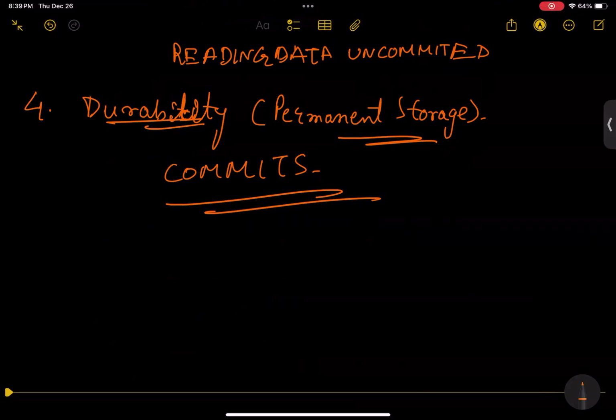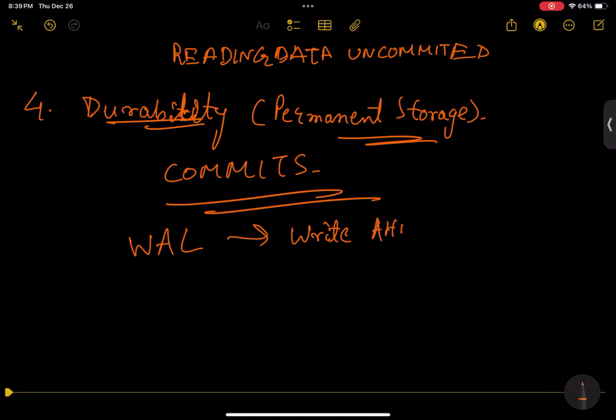Makes sense. I think there are few ways to implement durability. There is something called WAL. This is called write ahead log or logging.